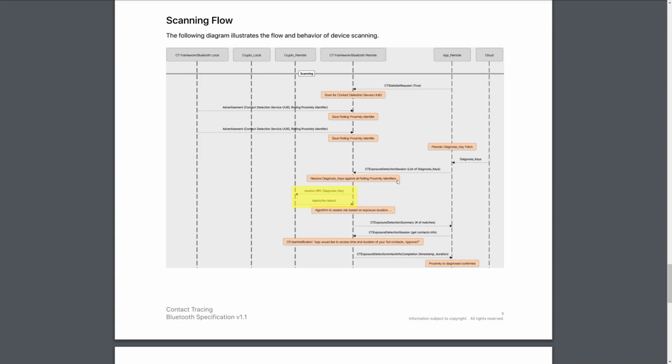Then we do resolution using the crypto module. We decide whether it's a match, and we also know exactly how long you were exposed to a particular contact based on how many rolling proximity identifiers you have of them saved to your phone. So the algorithm will assess the risk based on the exposure duration, possibly even how close you were based on the signal strength. Then we'll get the information that we've been in proximity to someone who's been diagnosed.